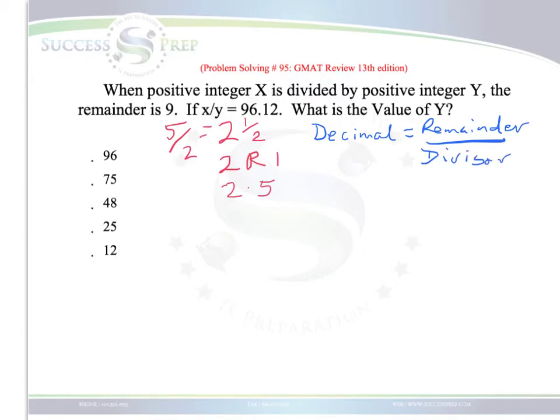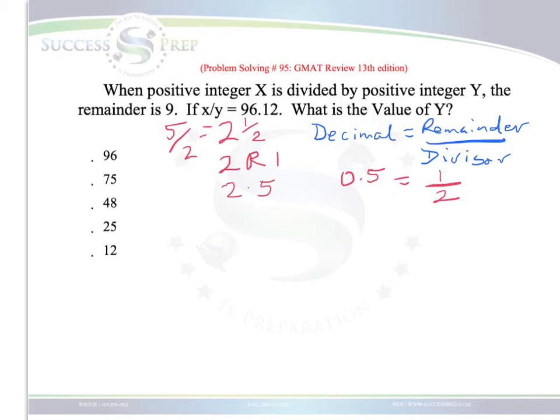And the divisor is just the number at the bottom that you divided with. So the 0.5 is obtained by taking the remainder of the example here, which is 1, divided by the divisor. And everyone agrees that 0.5 is 1/2.